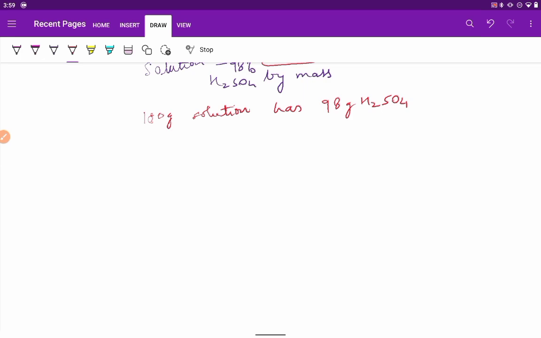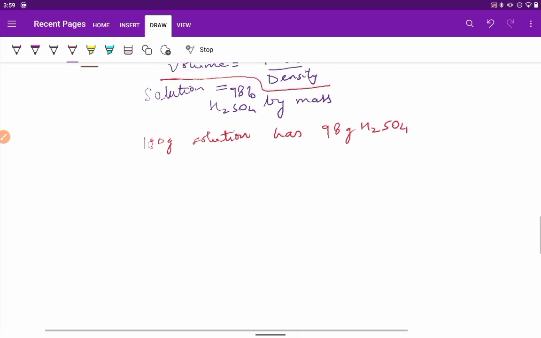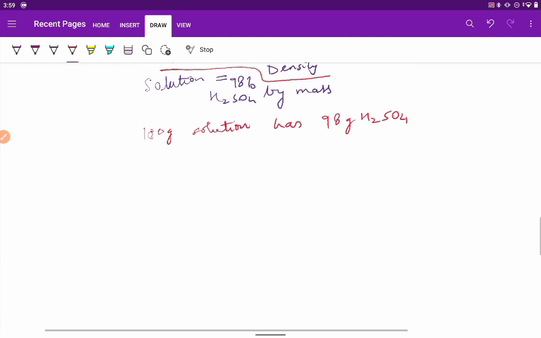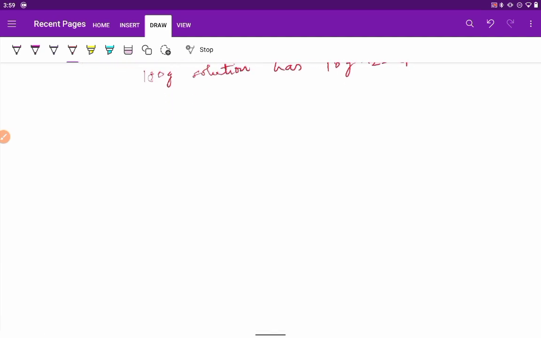Okay. Now let this data be here, and we have just seen volume equal to mass by density. We go back there. Volume equal to mass by density. So for the solution, how much it is? 100 grams. So 100 divided by density is given 1.8 gram per ml.